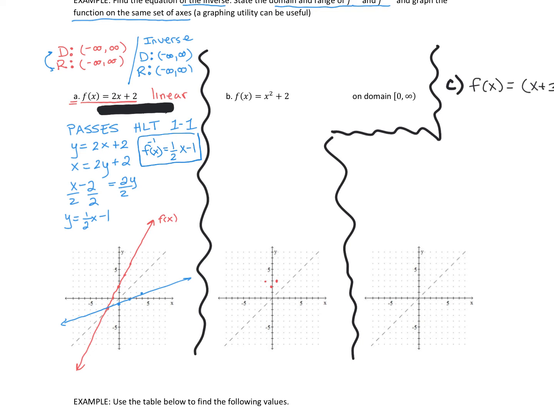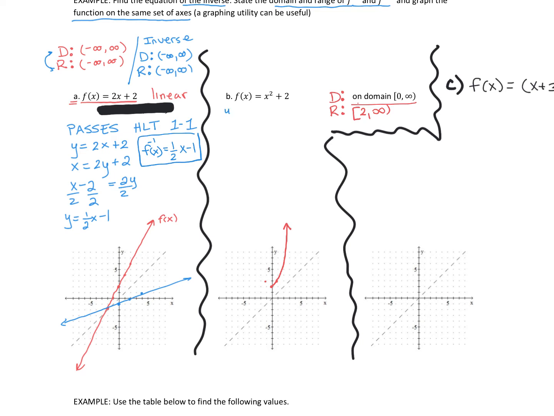So what we're going to do is restrict this domain as it states up here, 0 to infinity. So I'm only going to look at this half of the parabola. So our domain here is 0 to infinity, and from the picture you can see that our range is 2 to infinity. So let's find the inverse function.